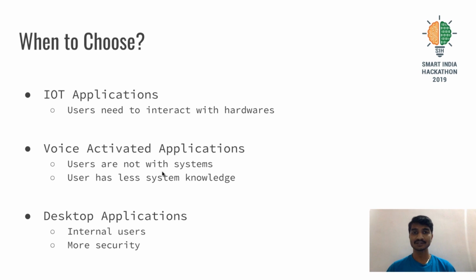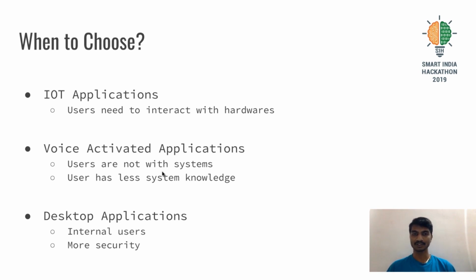In those kinds of situations, it's better to go for voice activated applications. We can make use of Alexa or other voice activated providers to create these kinds of applications. It is very helpful, and the user is not required to be with the system always.